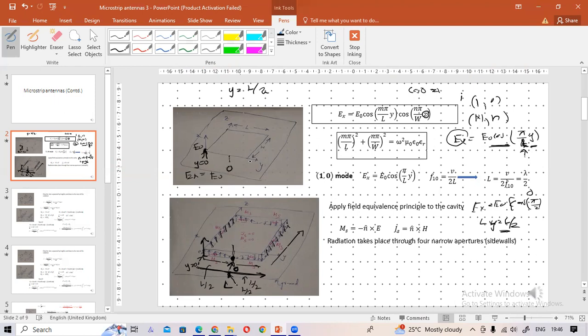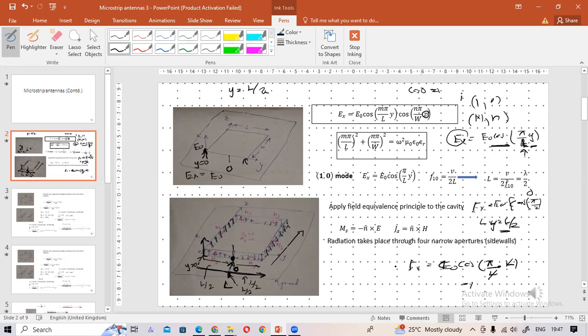Now, if Y is equal to L, at this point you can see that Ex is equal to E naught cos(πy/L). Now Y is equal to L, so L cancels out and you will have cos π. What is the cos π value?